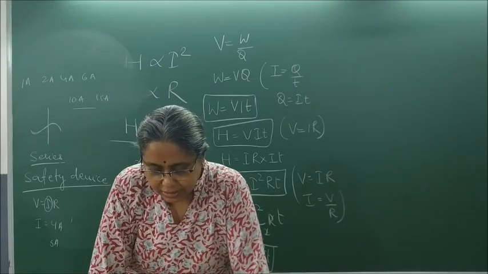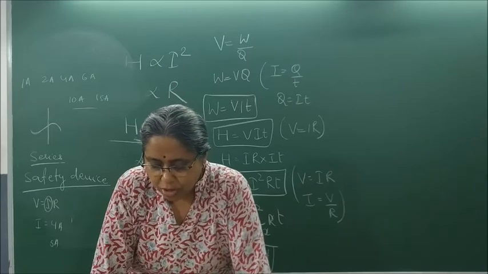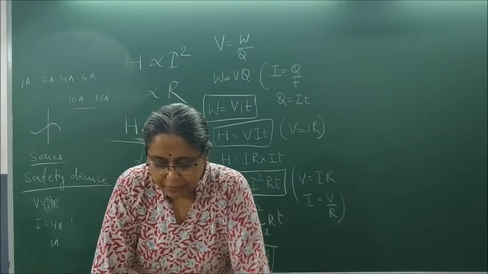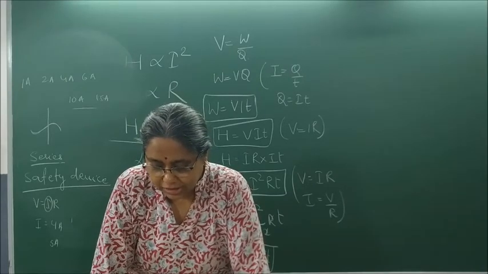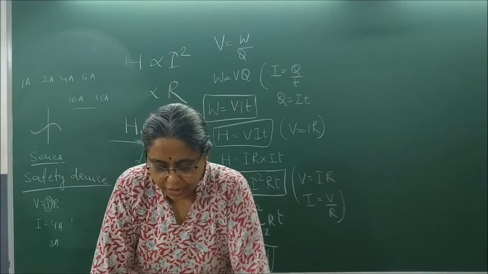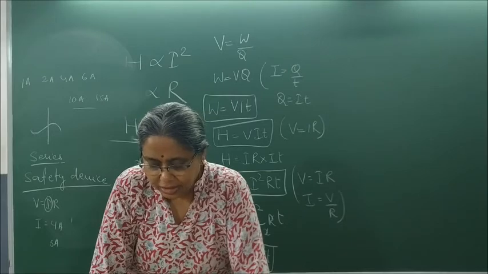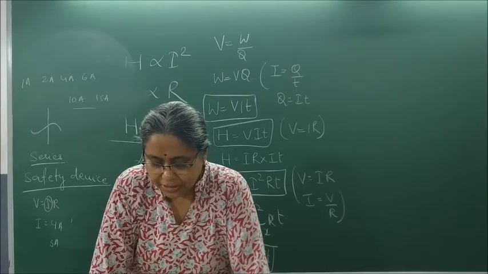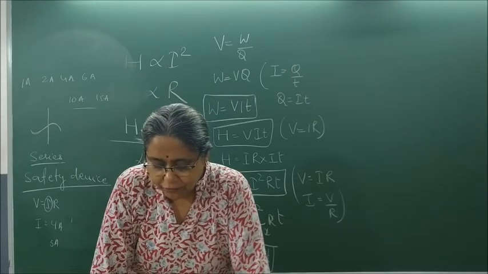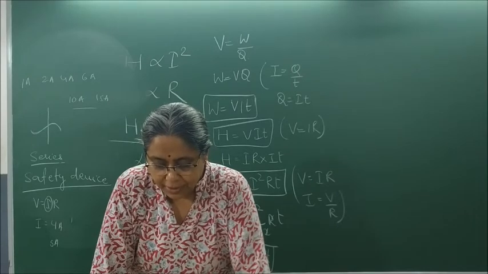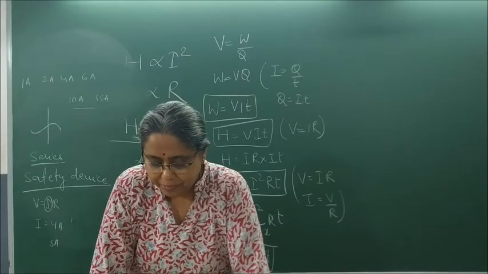If a current larger than a specified value flows through the circuit, the temperature of the fuse wire increases. This melts the fuse wire and breaks the circuit. The fuse wire is generally encased in a cartridge of porcelain or similar material with metal ends. The fuses used for domestic purposes are 1 ampere, 2 ampere, 3 ampere, 5 ampere, 10 ampere.